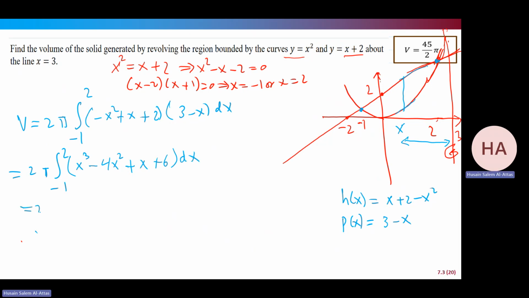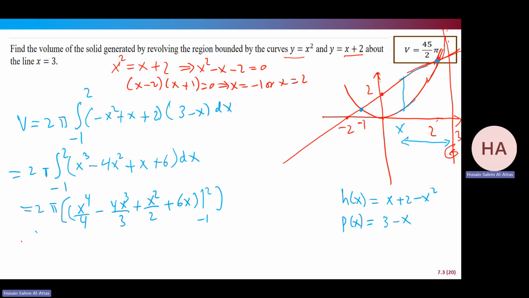Now do the integration. That will give me x to the power 4 over 4 minus 4x cubed over 3 minus x squared over 2 plus 6x. That from where to where? From minus 1 to 2.